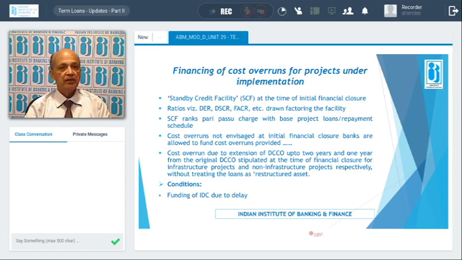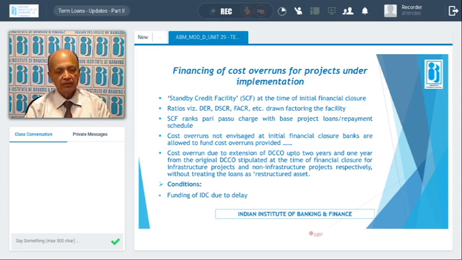It can be financed at the time of initial financial closure, and that will be factored in while drawing the various ratios, debt equity ratio, DSCR, and fixed asset coverage ratio, FACR, etc. These facilities should be taken accordingly.